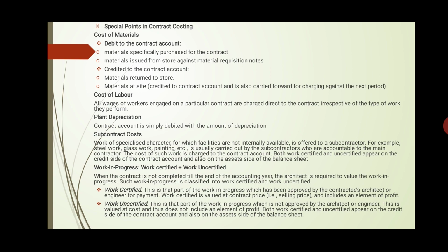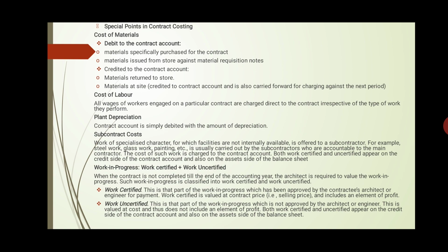Next is work in progress. Work in progress means half of the work completed, half of the work yet to be done. In terms of contract costing, work in progress is work certified plus work uncertified.